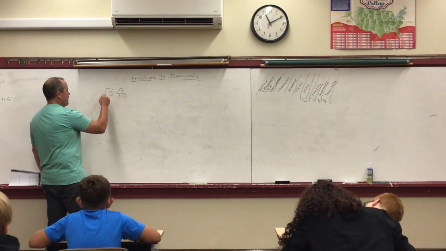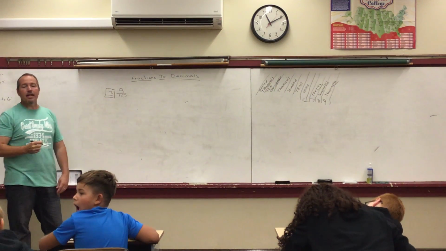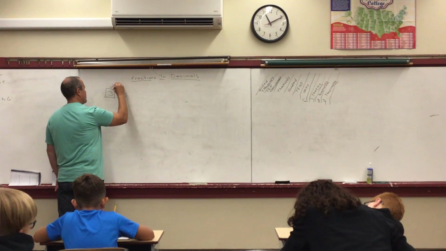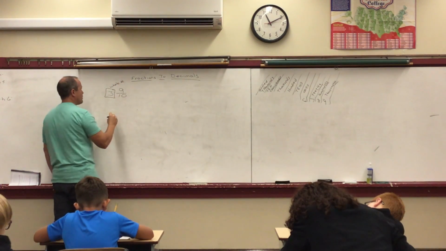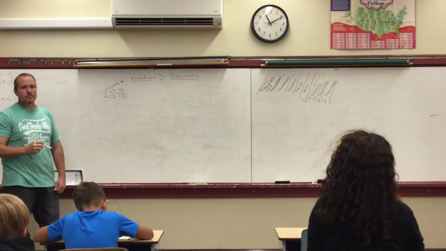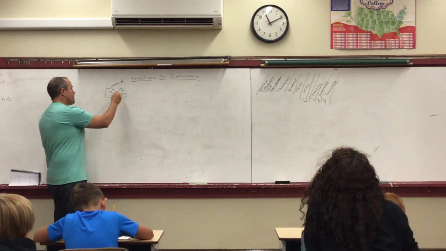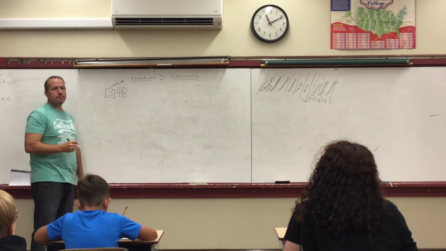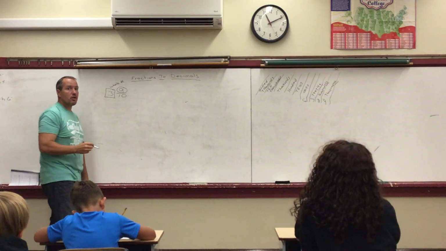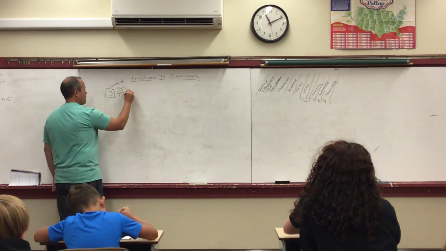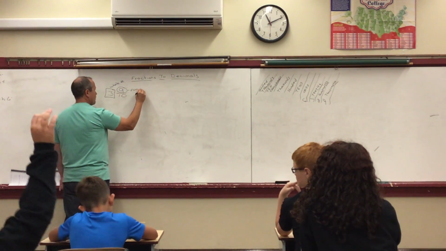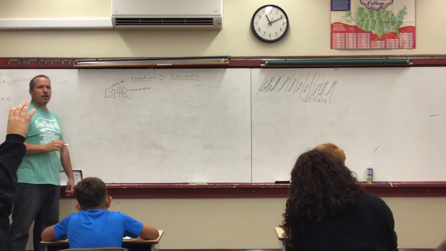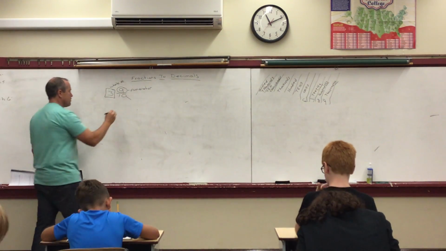The number in front here, that is the whole number. The top number is called the numerator. And the bottom number is the denominator.